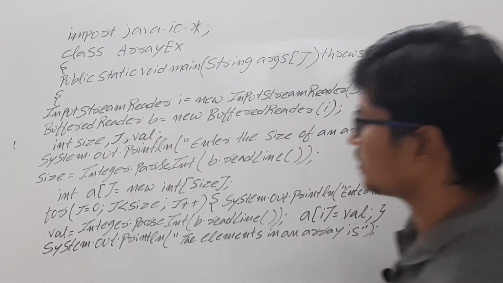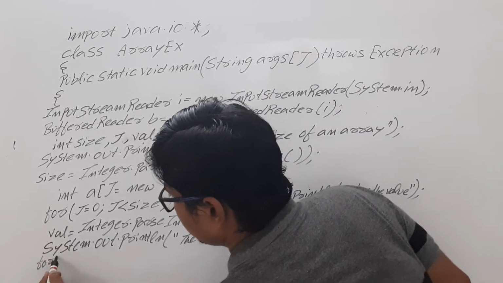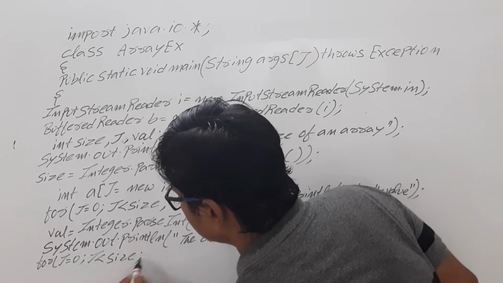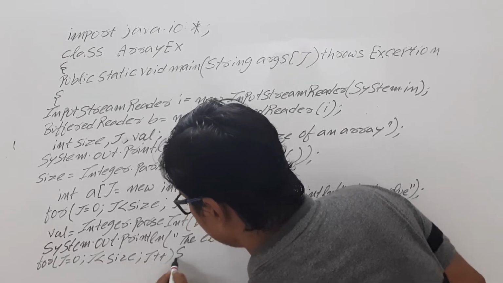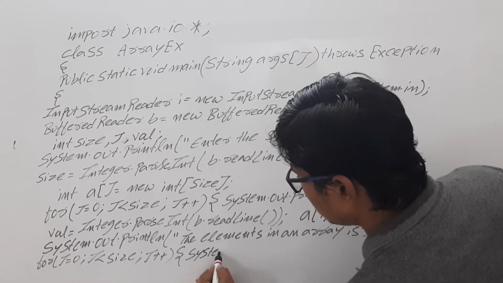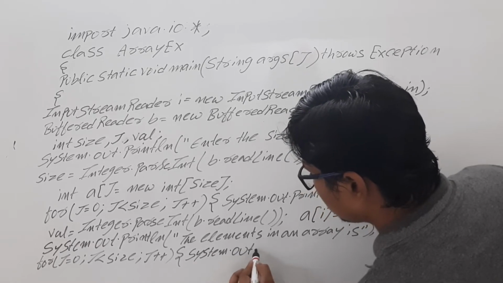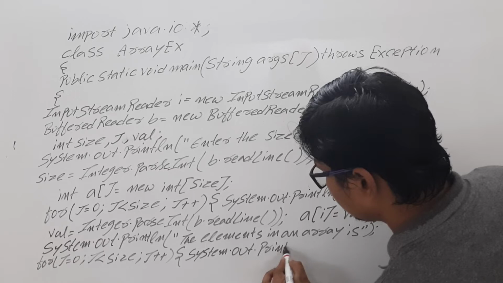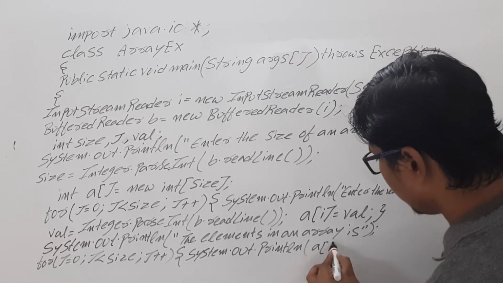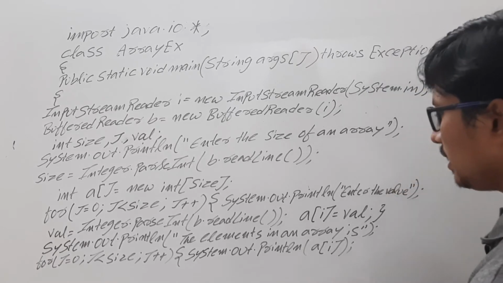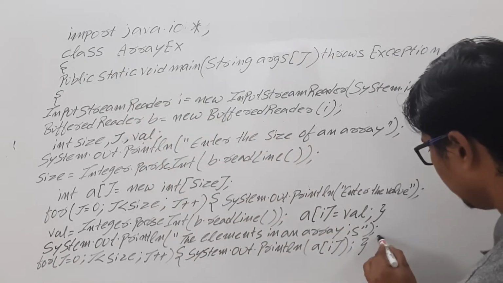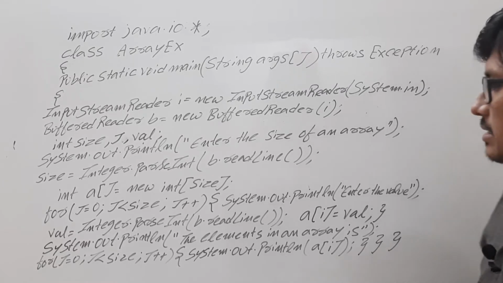Again you can write for j is equal to 0, j less than size, j plus plus, and here you can write System.out.println(a of j). Let me close the for loop. I will close the main, I will close the class.